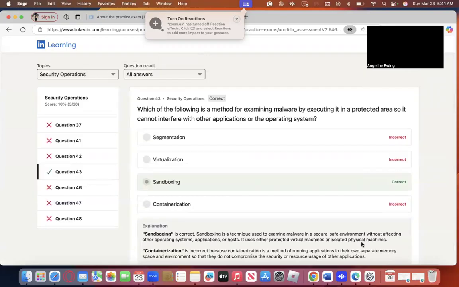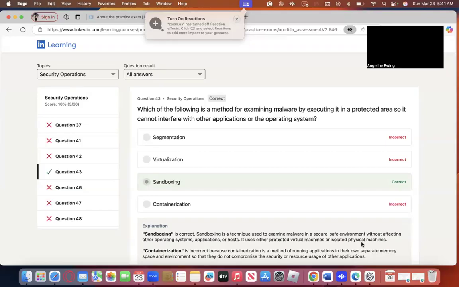Which of the following is a method for examining malware by executing it in a protective area, as it cannot intervene with other applications or the operating system? That would be sandboxing.